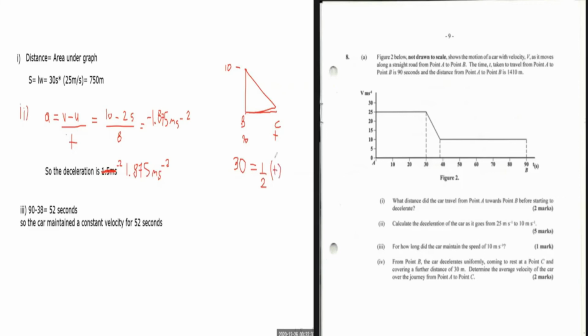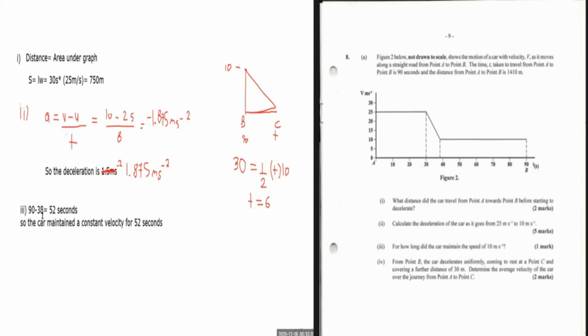So it's half base times a height of 10. So what does that tell us? A half of 10 is 5, so 5t equals 30, and so t equals 6. So if t equals 6, that means it takes 96 seconds in total to complete the full journey.